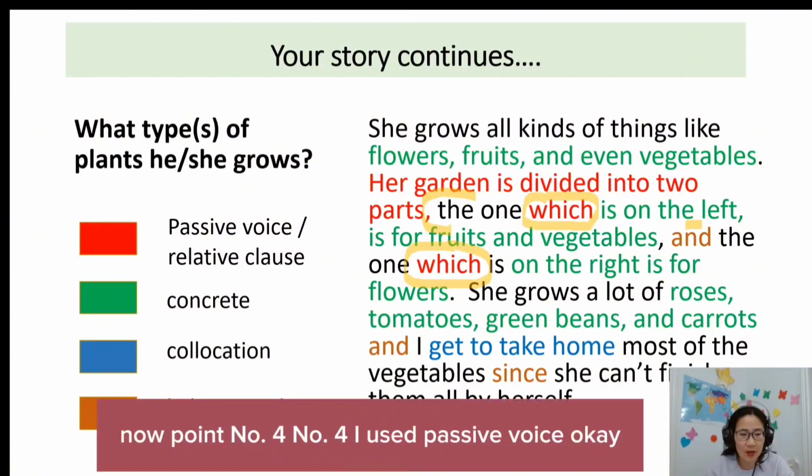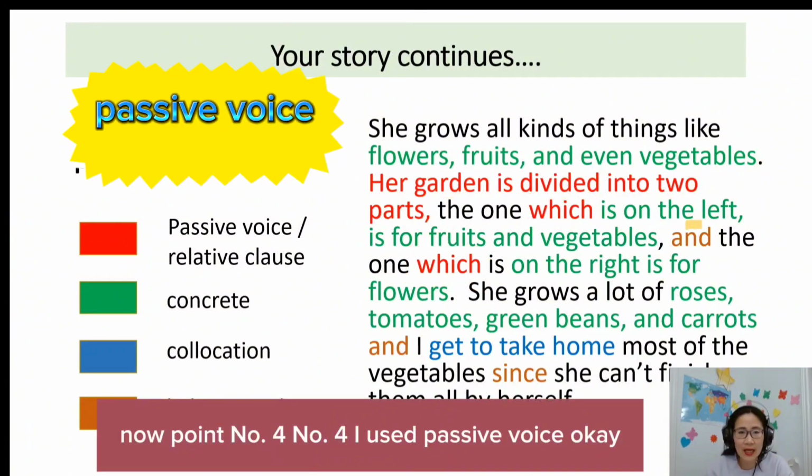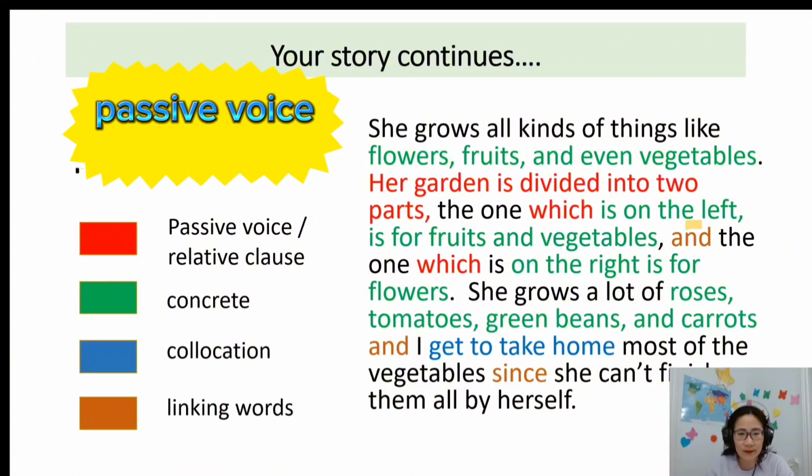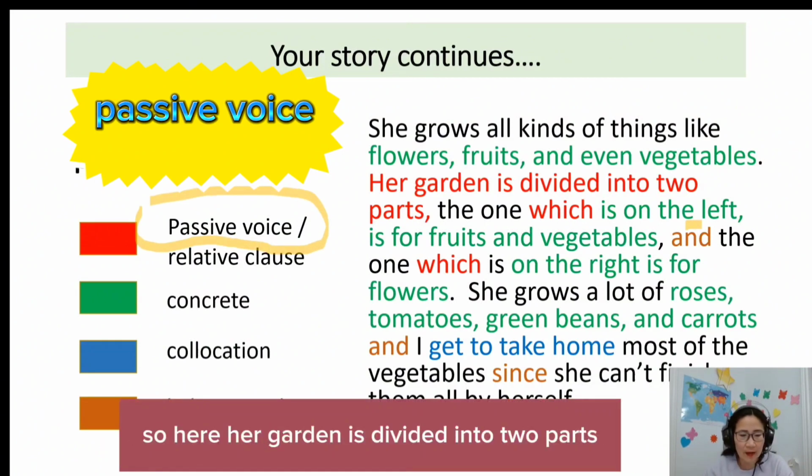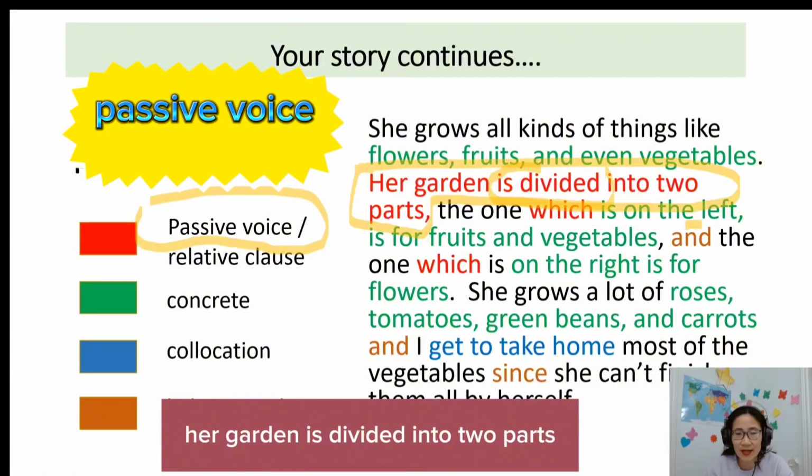Now point number four, I used passive voice, right here. That's a different type of sentence structure. Her garden is divided into two parts.